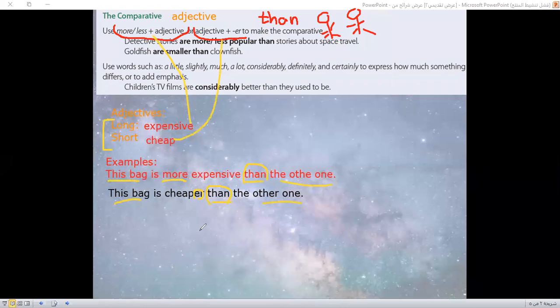Sometimes when I compare between two things, I use words such as a little, slightly, much, a lot, certainly, to express how much something is different, or to add emphasis. So let's give an example here.